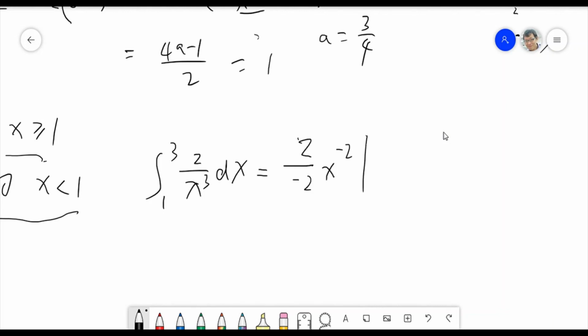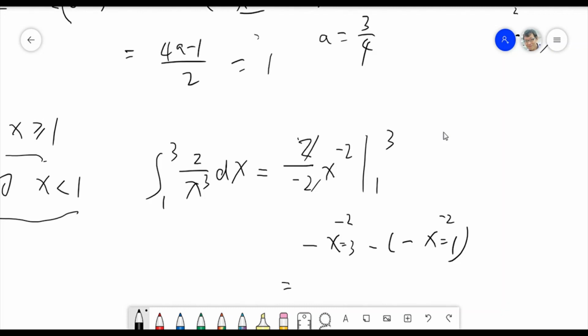So we just write 1, 3, right? So this will be just negative 1 over x squared. So this x equal to 3, minus what? Minus, negative, right? x equal to 1, negative 2. Am I right? So this will be the probability function.